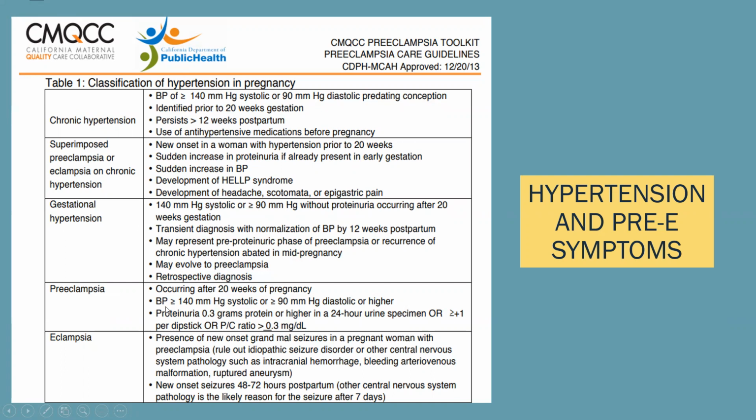Preeclampsia is after 20 weeks, and here is the criteria. If you have a blood pressure greater than 140 systolic or 90 diastolic, or proteinuria in either a protein creatinine ratio and or a 24-hour urine specimen, then it is diagnosable as preeclampsia. And then eclampsia is the presence of new onset grand mal seizures.